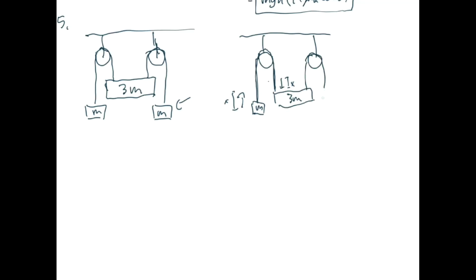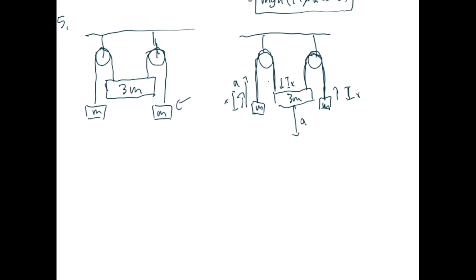And also that means that this string must move up by a length of x in order for this string to stay the same length, because this end also moves down by a length of x. But what does this mean? This basically means that the acceleration of each of these mass m's upwards is equal to the downwards acceleration of the 3m mass.